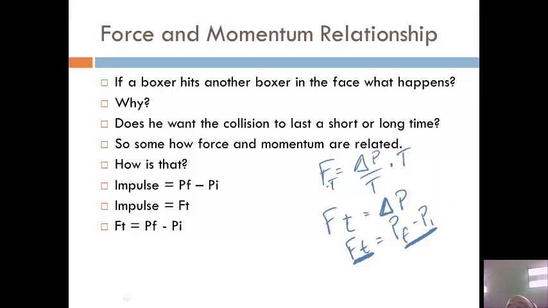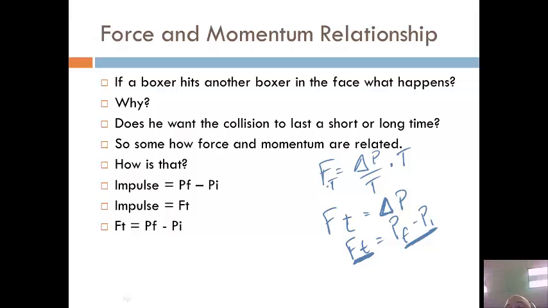Boxers do this. MMA fighters think about this when they're taught to punch through the person's face. Obviously, I'm going to guess most of the time they're not going to be able to punch through the person's face. But what you'll find is that they are indeed able to punch and increase the amount of time that that force is applied to their opponent's face.